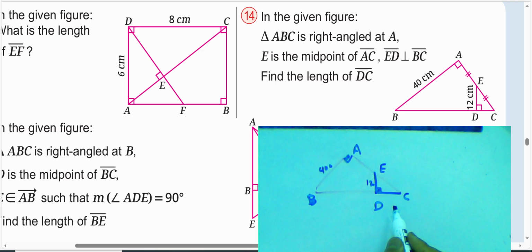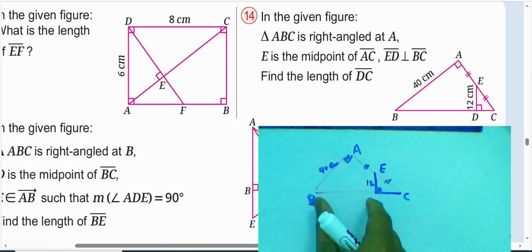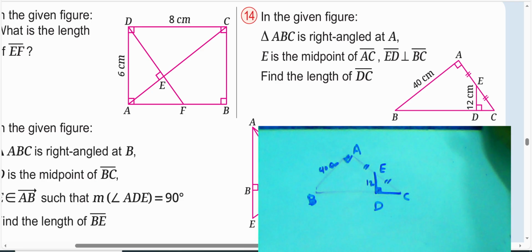We can draw. We have two sides equivalent. Okay, we have 40 centimeter and the DC. We can write 40 power 2 equals DB product by BC. To find the answer, you must draw a line segment first.